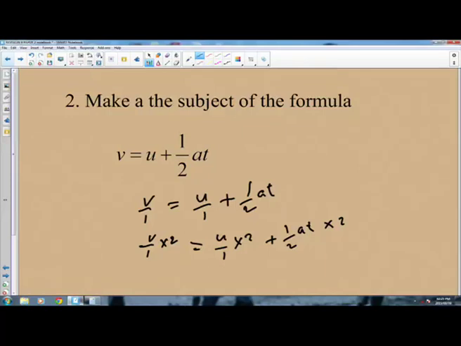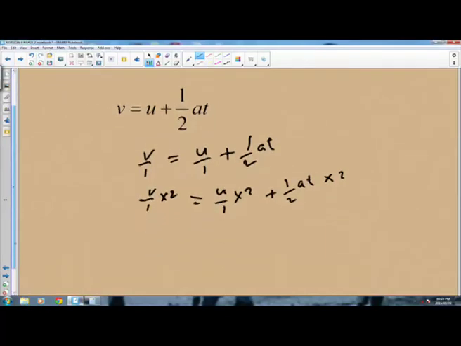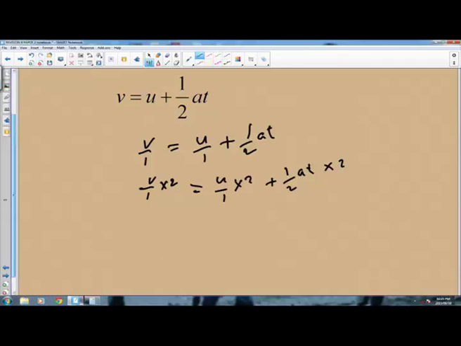And then we can simplify this. 2 times V will be 2V. It equals U times 2, which is 2U, plus 2 into 2 once, 2 into this 2, 1. So we have 1 times AT, which is just AT. We now have 2V equals 2U plus AT.